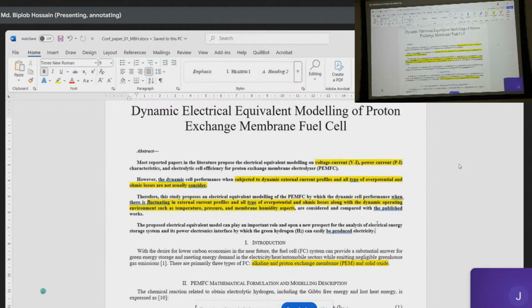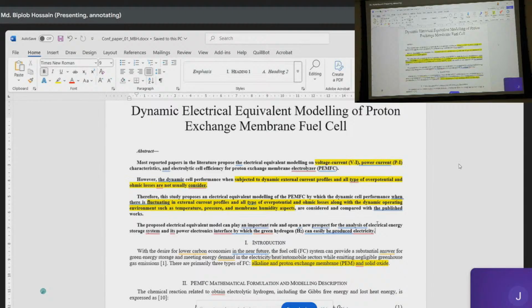Thank you. If you've gone through some literature review on this topic, especially dynamic electrical equivalent modeling of proton exchange membrane fuel cell, this is the most demanded fuel cell. As you know, there are several types of fuel cell like alkaline fuel cell, proton exchange membrane fuel cell, and solid oxide fuel cell.